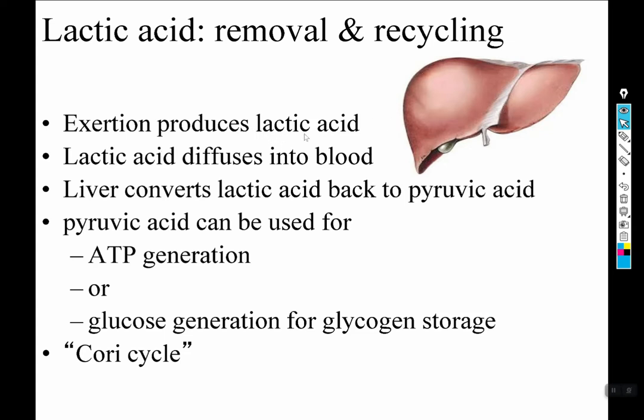In that case, lactic acid is going to diffuse into the blood because it's going to go from an area of high concentration around your muscle fibers into those capillaries where there's a lower concentration of it. And then the liver takes that lactic acid and converts it back to pyruvate or pyruvic acid. So you might recognize pyruvate from the steps from glycolysis through the citric acid cycle all the way to oxidative phosphorylation, depending on how much you remember about aerobic respiration from 160.